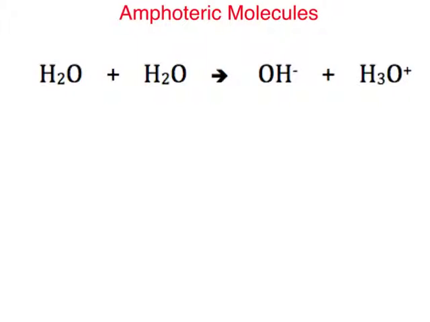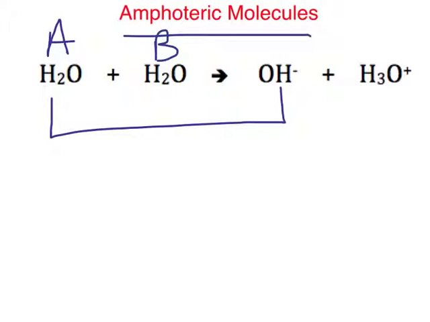But Mr. Monahan, what happens if you have a substance that can do both? Well, that's a special case, and those molecules that can be both a Bronsted-Lowry acid and a Bronsted-Lowry base are called amphoteric molecules. Like in this case, we have water acting like an acid and water acting like a base. This water acts like an acid and donates its proton.